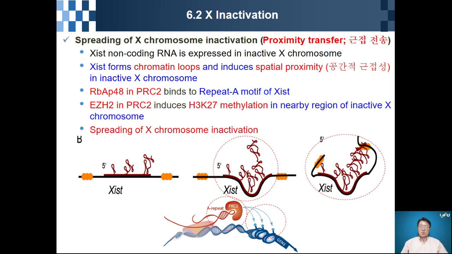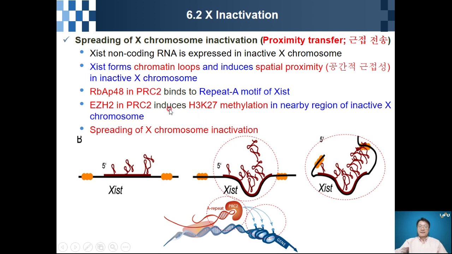So once again, we call it proximity transfer. Initially the cis forms a chromatin loop. It will induce spatial proximity in the inactive X chromosome.